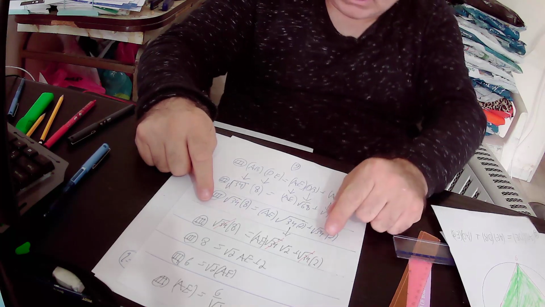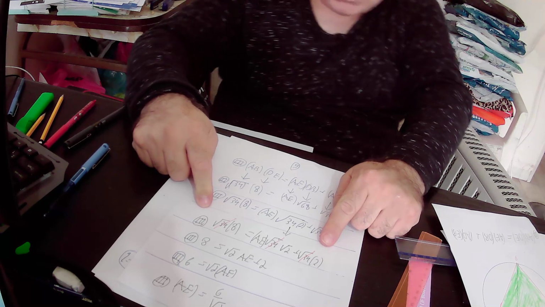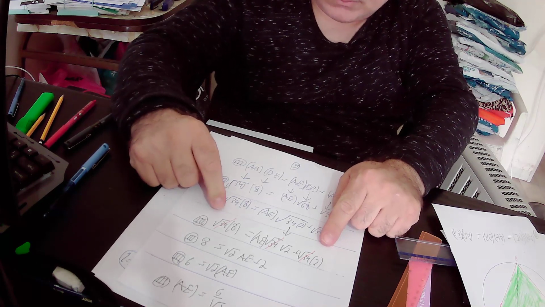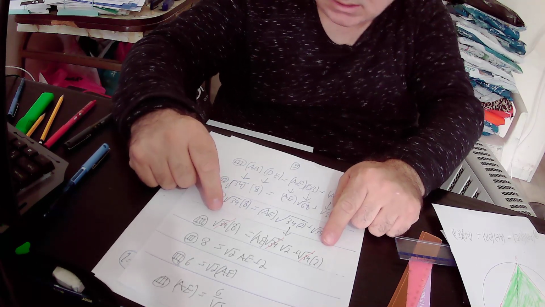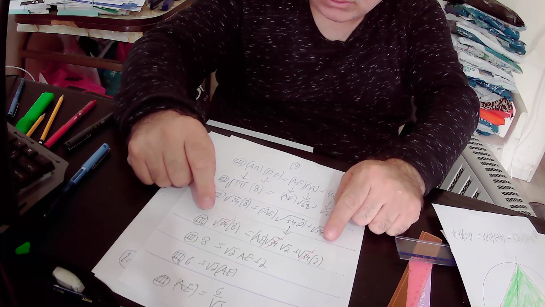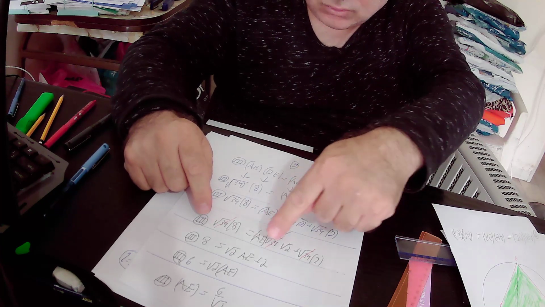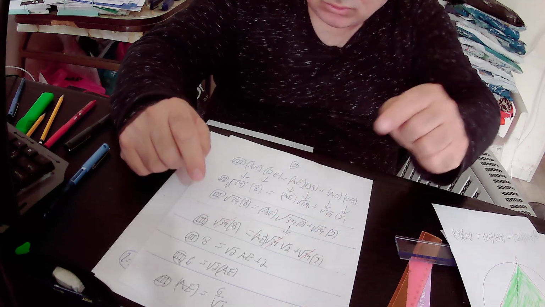Then we divided this equation by the square root of 34, and so the square root of 34 gets cancelled, and what is left is 8 equals the square root of 2 times AE plus 2.